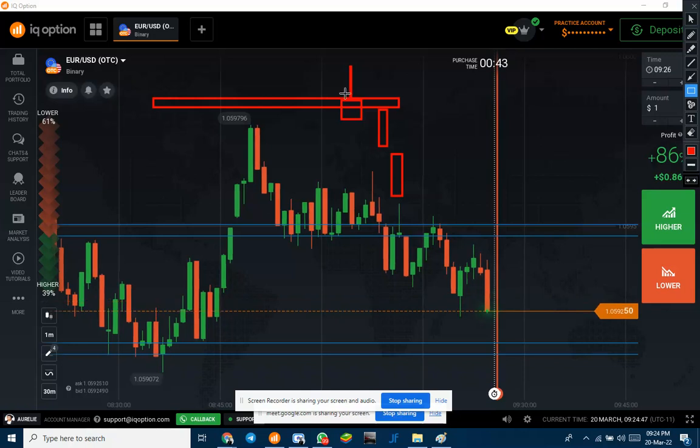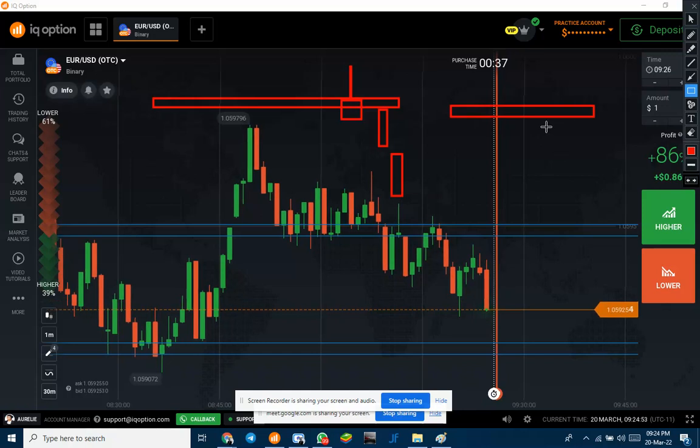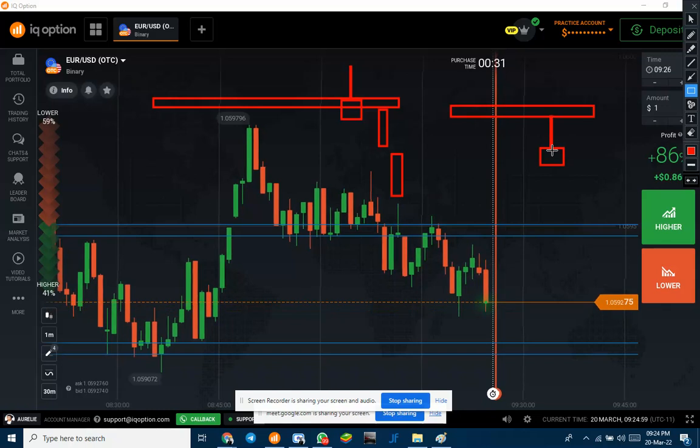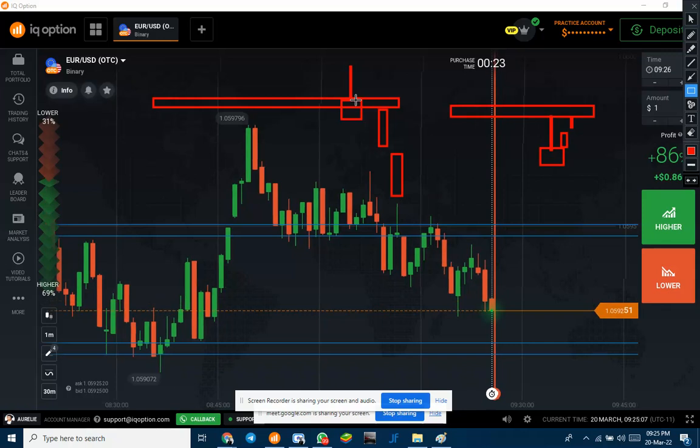So this price move structure is different from this one, which has something like this. This one still has a gap. The price might decide to fill the gap, but here there is no gap.